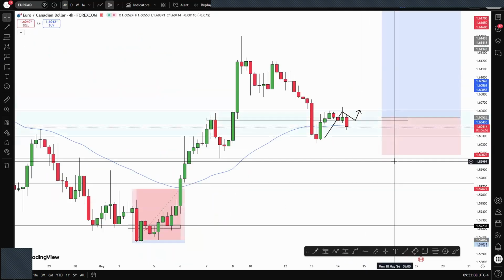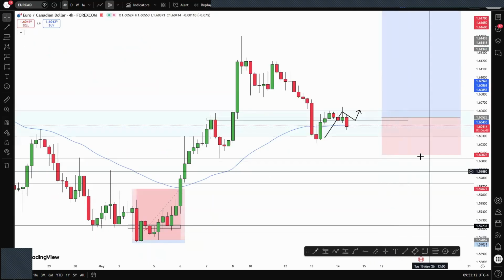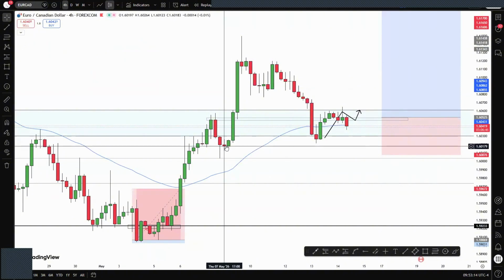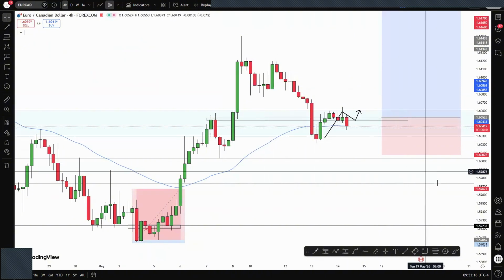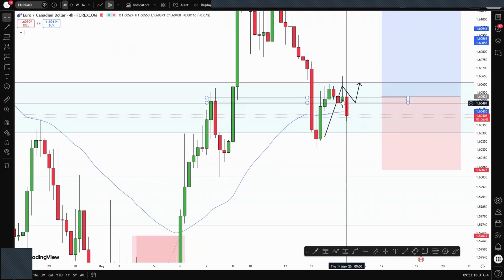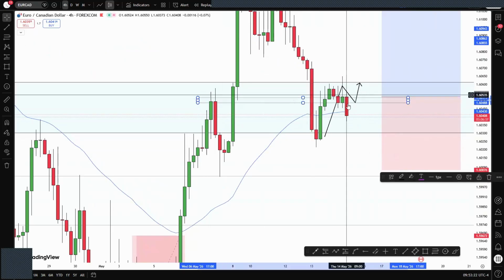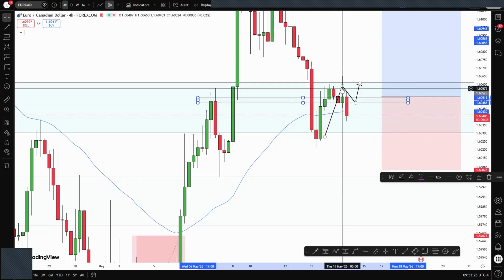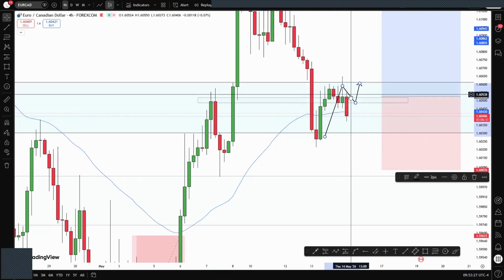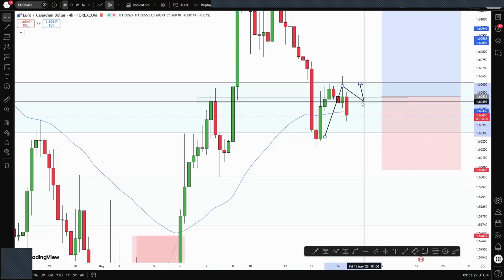Then we have Euro CAD. Remember I told you price retested this level and gave us the OG level, but we need price to break above this OG level and give us the engulfing. Price broke above the OG level and retested the OG level, but no engulfing.